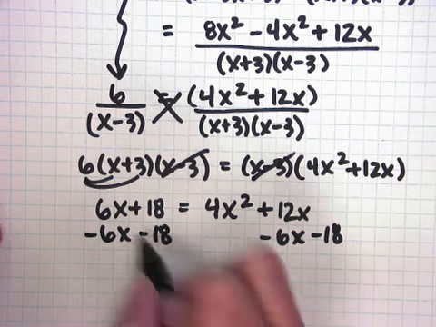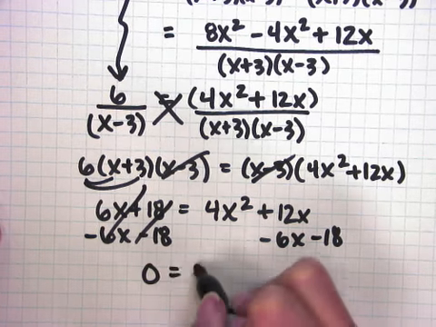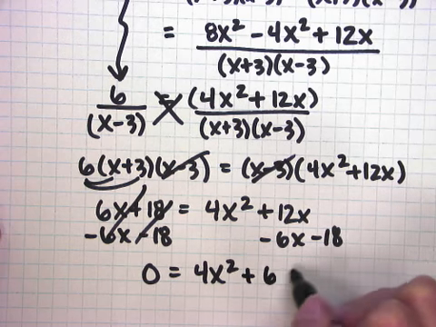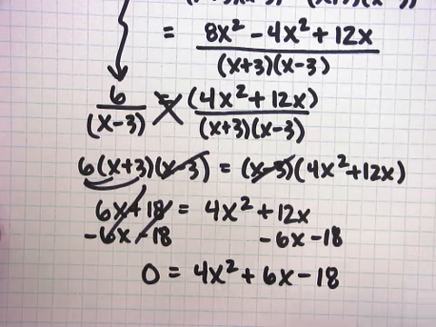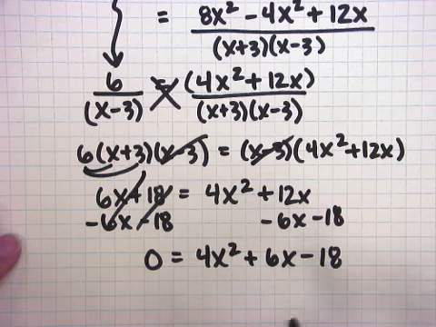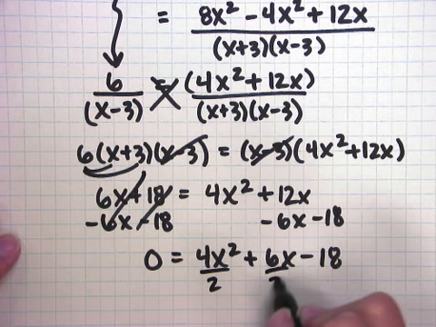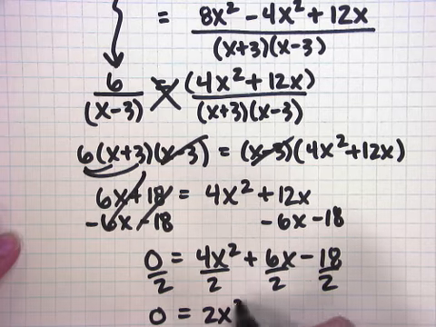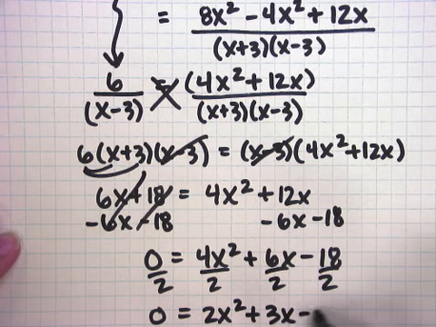When I do this, I get 0 on one side, and I have 4x squared, 12 minus 6 is 6x, and a minus 18. And now I see that these all have 2 in them, so I'm going to divide every term by 2. So I get 0 equals 2x squared plus 3x minus 9.